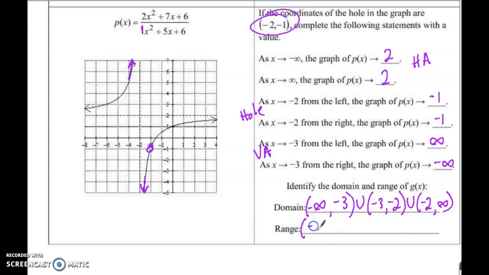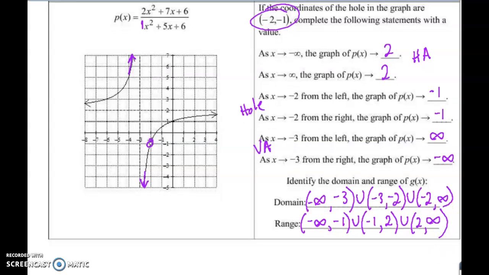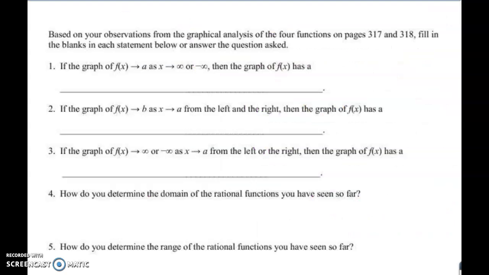And then the range, now the hole again is happening before the horizontal asymptote. And if you're still not getting it, I would suggest writing down what your specific questions are so you can come to class and ask those.